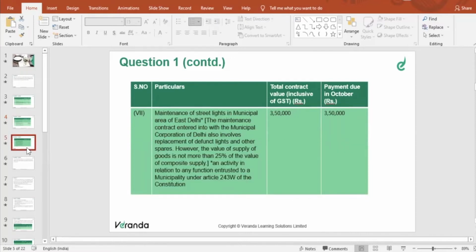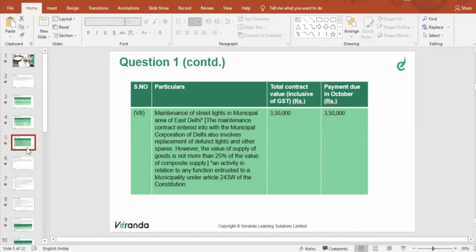Continuing, maintenance of street lights in municipal area of East Delhi. The maintenance contract entered into with the Municipal Corporation of Delhi also involves replacement of defunct lights and other spares.